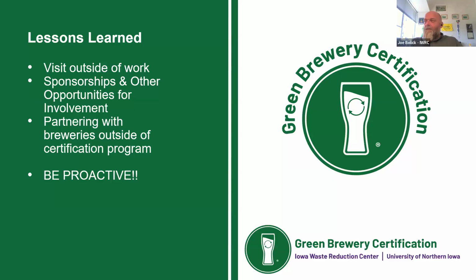As for cost, we're able to fund this through our core funding to be the small business assistance provider for Iowa environmental assistance, and so we're able to fund the programming and the staff time through that.